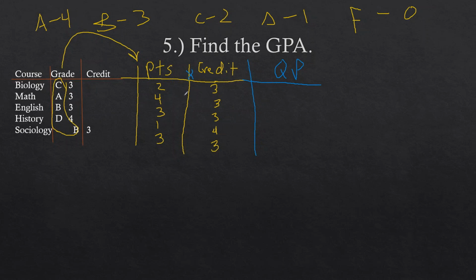If you got a C, you're earning 2 points per credit. It was 3 credit hours. So how many points are you earning for biology? 6. Yep. So then math, 4 times 3, 12. English, 9. And 4 and 9.